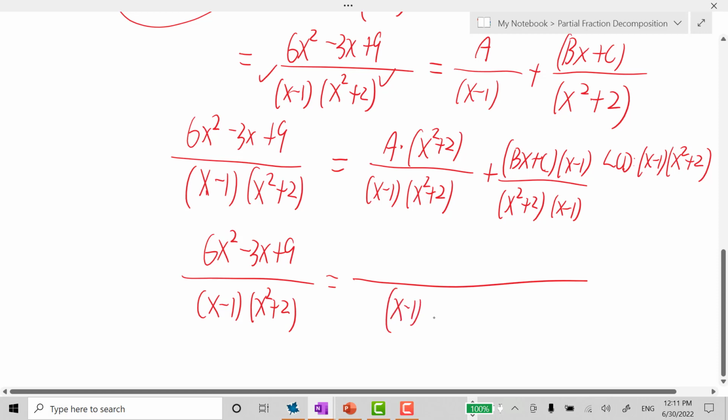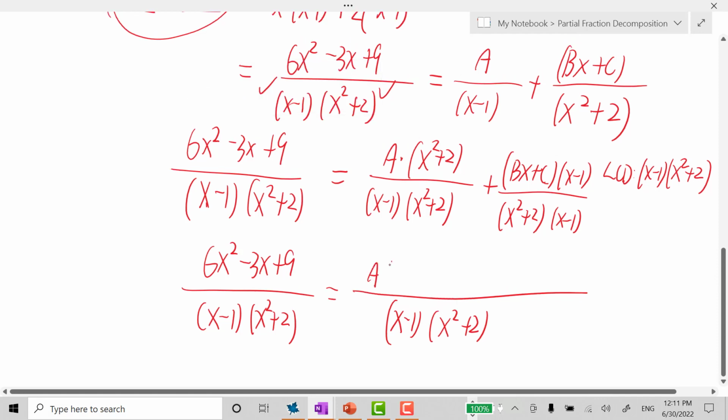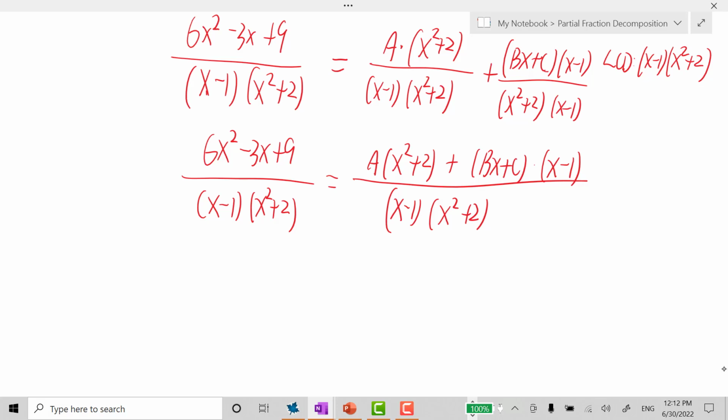We try to make sure both sides have the same denominator, so we can equalize the numerators. This process requires a lot of algebra, so make sure you review some of the algebra skills before you tackle this type of problem.